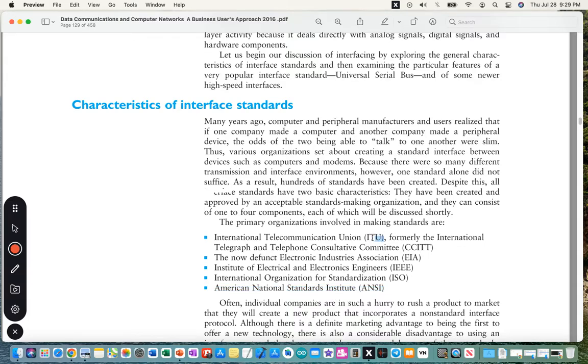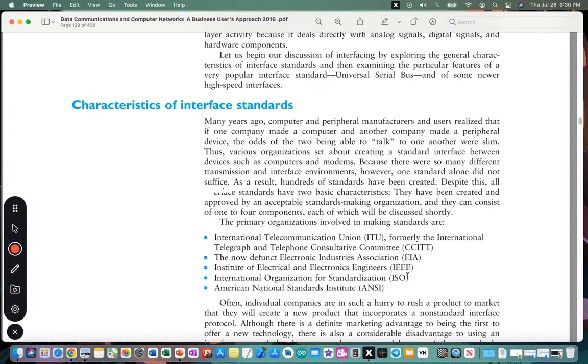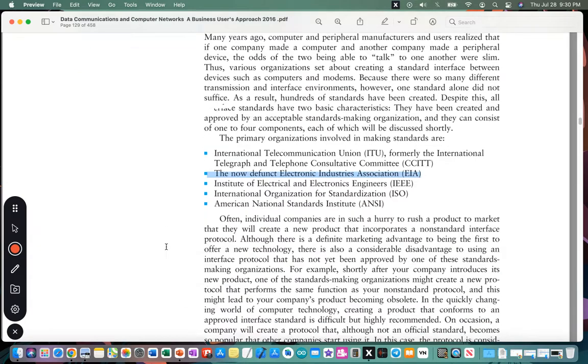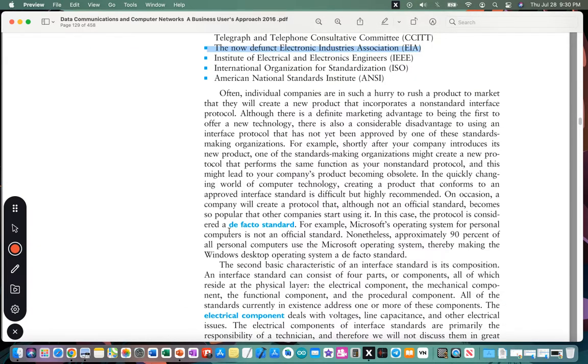So ITU is global, and ISO is global or European, I believe. And this is also European, but global standards. And EIA is a non-government organization. All right, let's keep going.